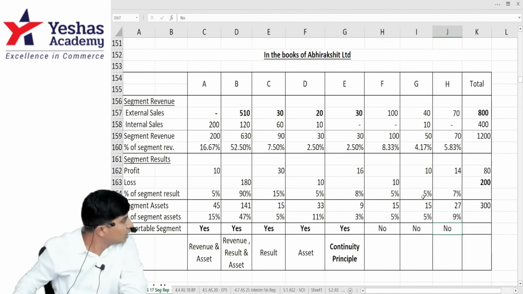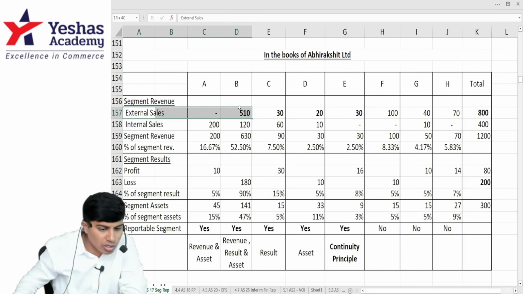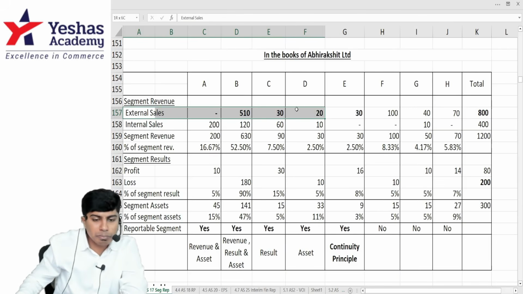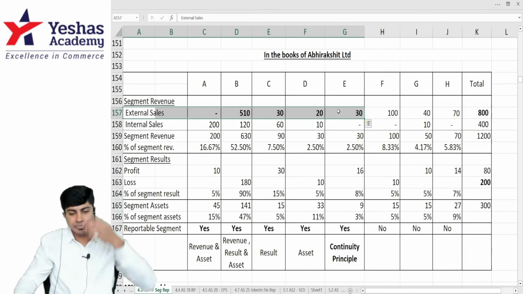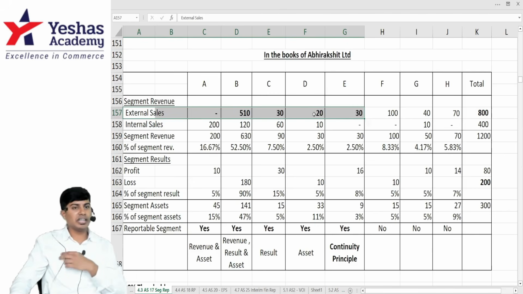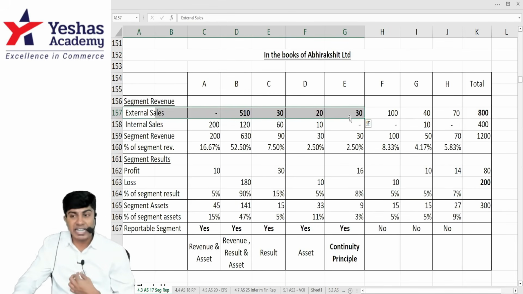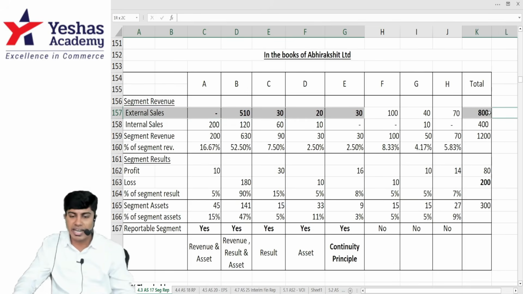Shall we check that? Everyone help me. How much is external revenue from reportable segments? 0 plus 510 plus 30 plus 20 plus 30. 510 plus 30 is 540. 540 plus 20, 560. 560 plus 30, 590. The denominator will be 800.